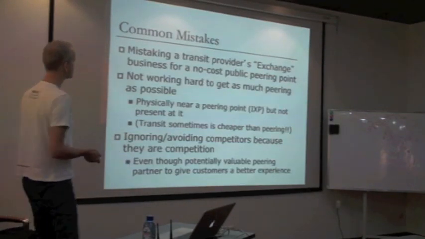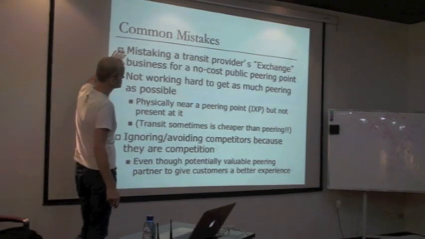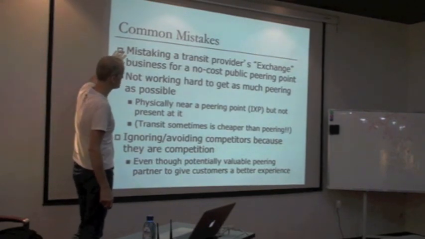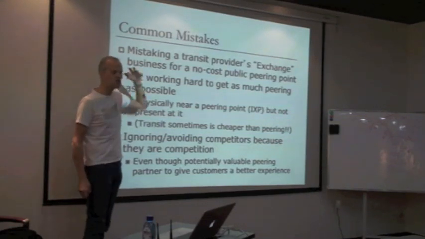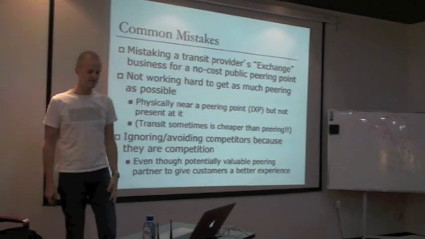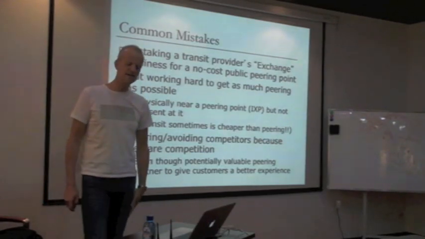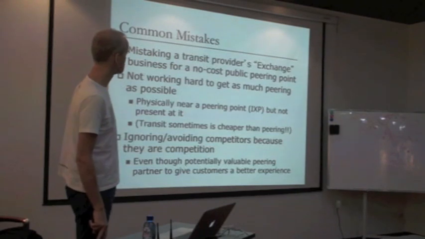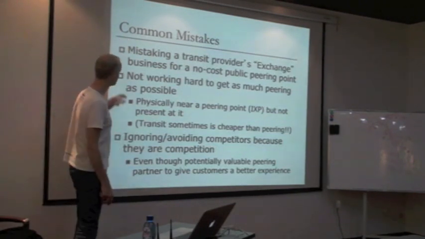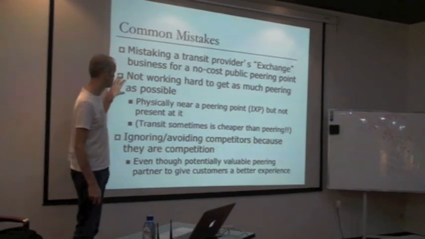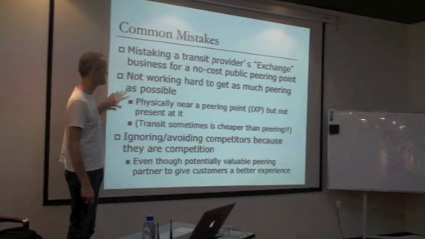I mentioned the common mistakes. Some transit providers talk about exchange points, when in fact it's not an exchange point. It's a transit business. They charge for traffic. Right? If they charge for traffic at an exchange, it is a transit business. It is not an internet exchange point. Also, another mistake, not working hard to get peering. You need to peer as much as you can.